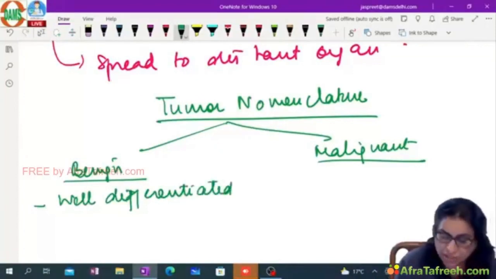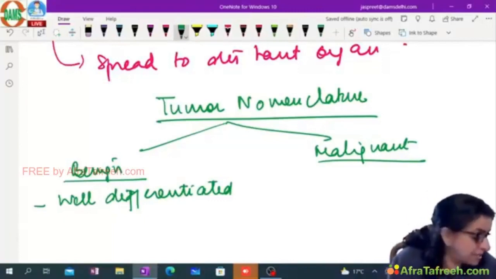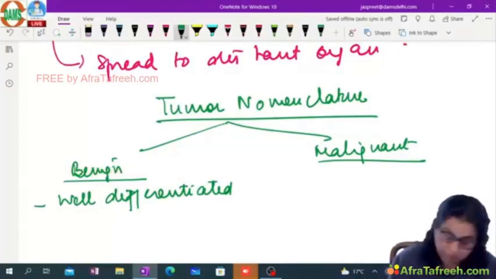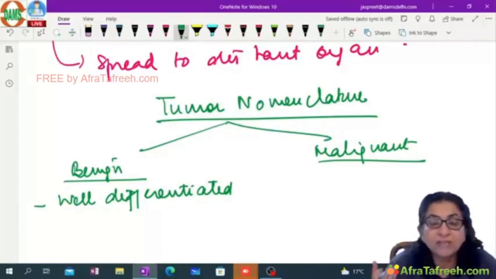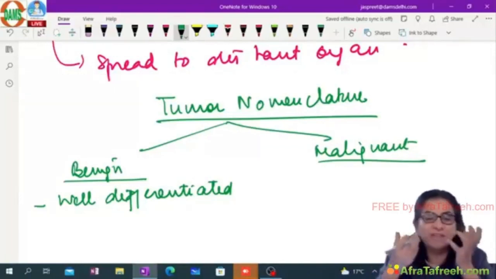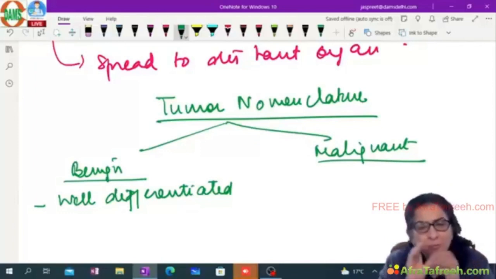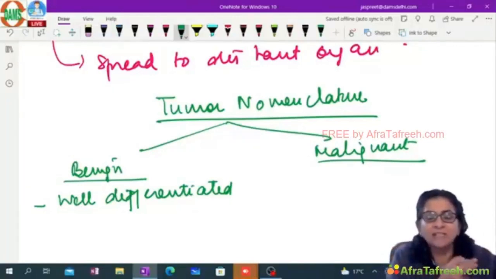What is the meaning of the term well differentiated? Well differentiated means the tumor cells resemble the tissue from which they arise. For example, say you have a lipoma. Lipoma is a benign tumor of fat cells. Look at the cells in a lipoma and look at the normal fat cells.